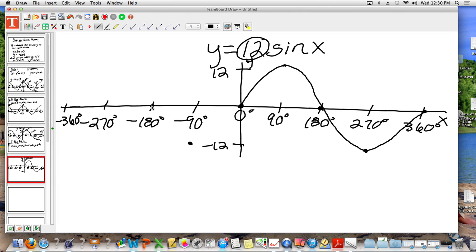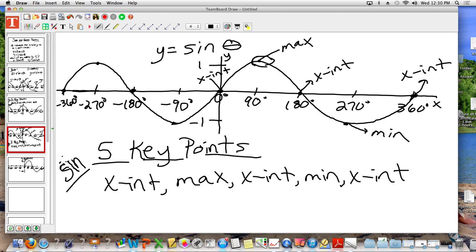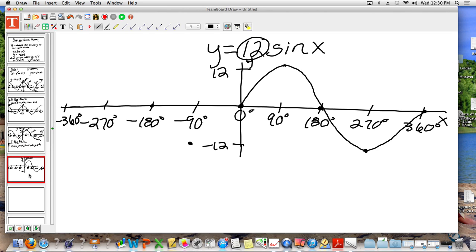In other words, I'm looking at my key points backwards now. So if I go x-intercept, min, x-intercept, max, x-intercept backwards, then I can follow that pattern to graph the left side of this sine curve.